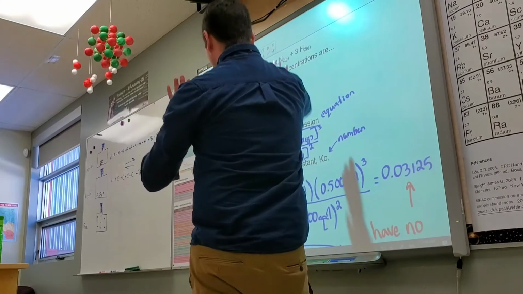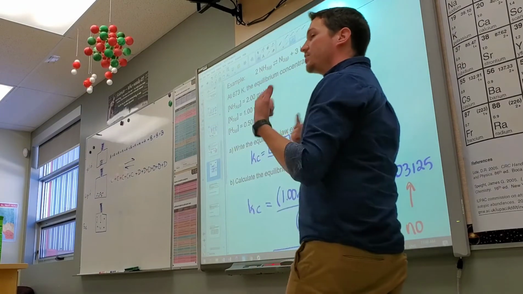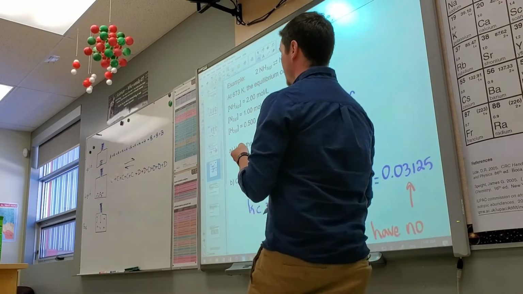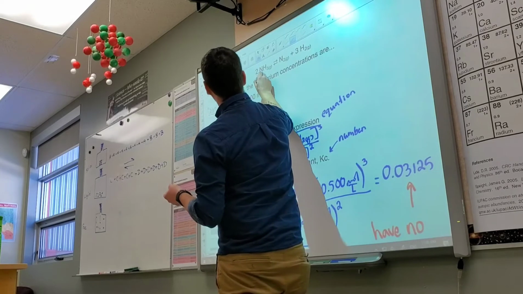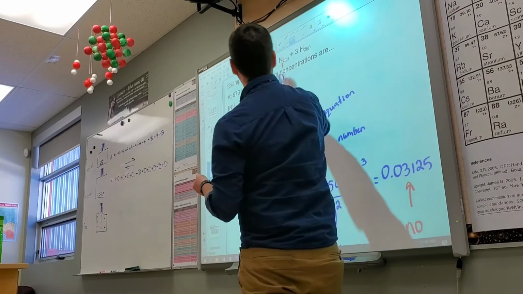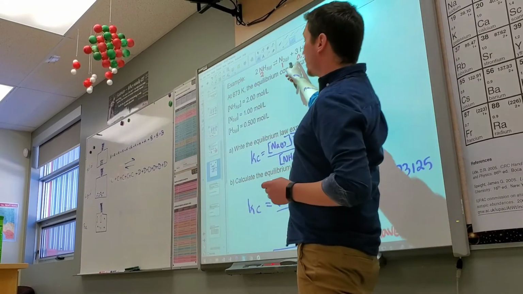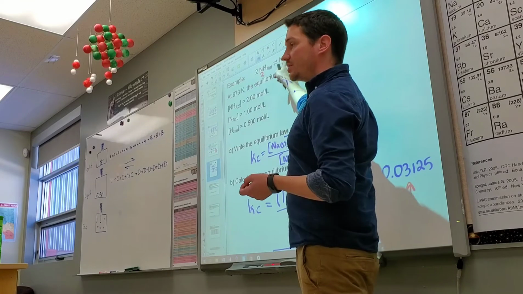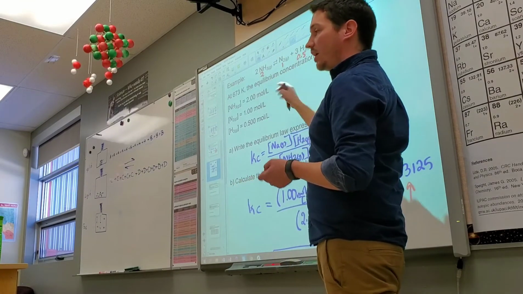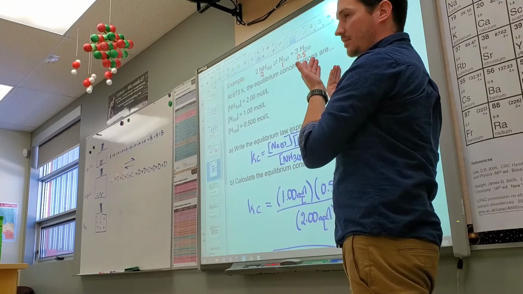Now we can do the exact same thing with Kc values. I'm gonna write down the concentrations up here, and you tell me if this reaction is products favored or reactants favored. NH3 was 2 moles per liter, N2 was 1 mole per liter, and H2 was 0.5 moles per liter. Based on these concentrations, does it look like reactants favored or products favored? Reactants.